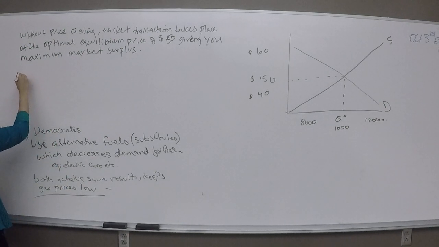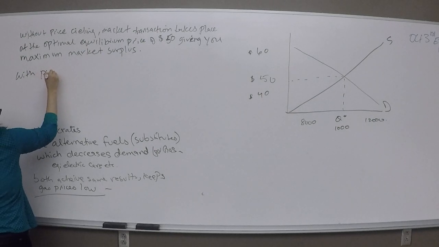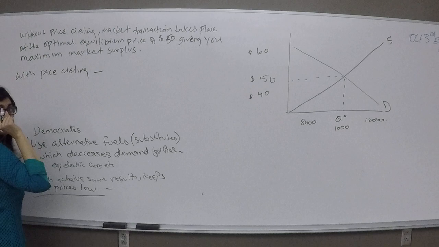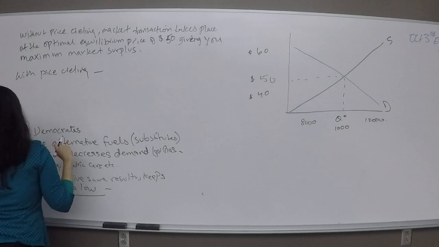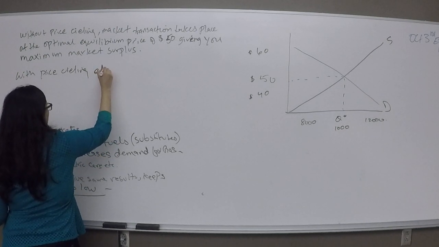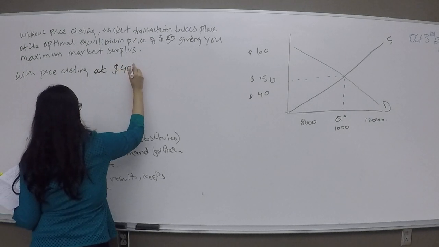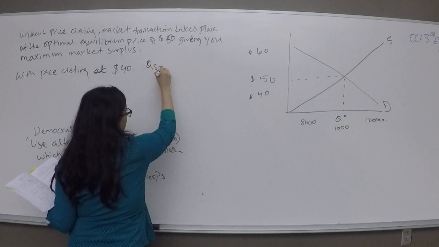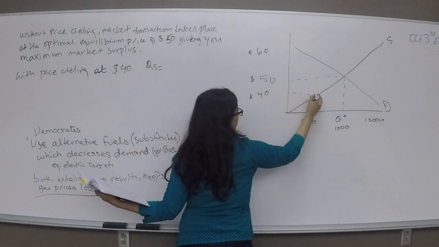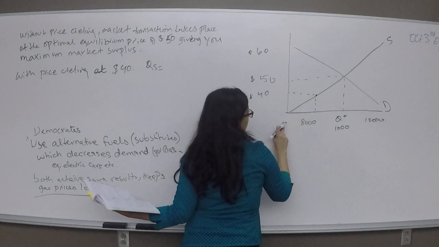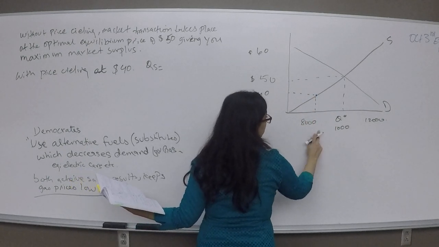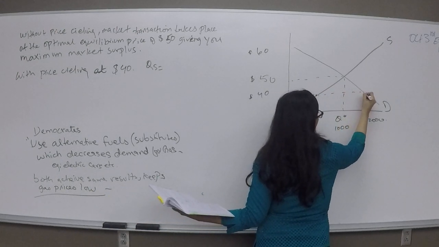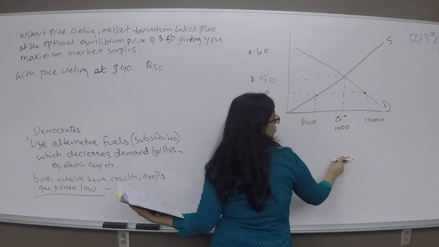With price ceiling at $40, your quantity supply becomes, so at $40, the supply is at 8,000 quantity and the demand is at 12,000 quantity.